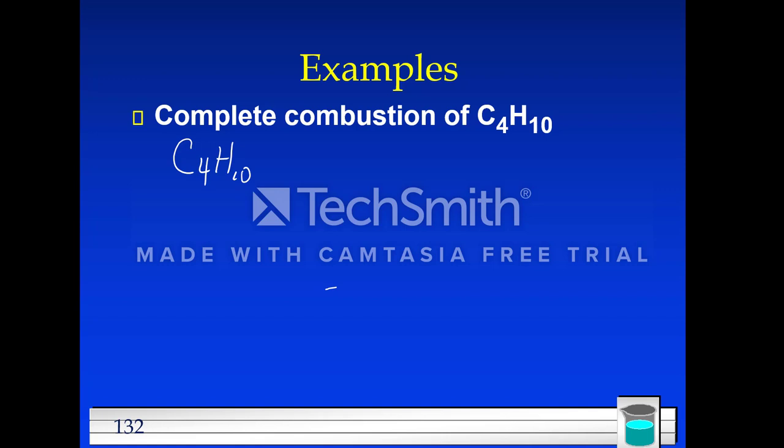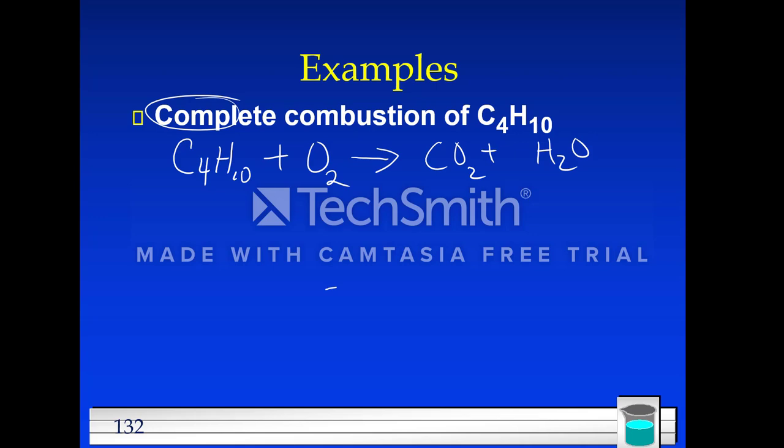I know I can't have fire without oxygen, and oxygen's O2. What am I going to make? They tell me complete combustion, so I know it's CO2 and water. I don't have to figure it out. This is not like the other ones where you're going to figure out the subscripts. It makes carbon dioxide and water.